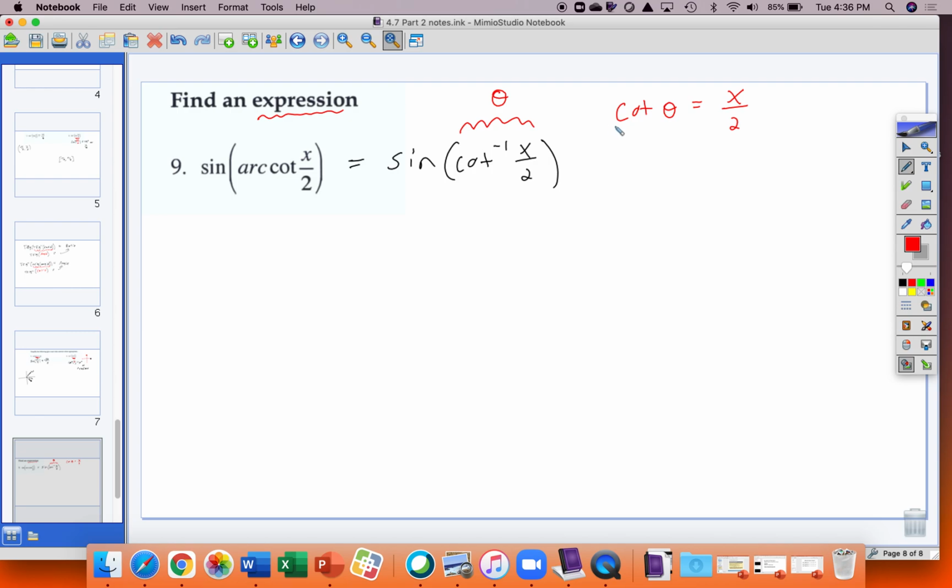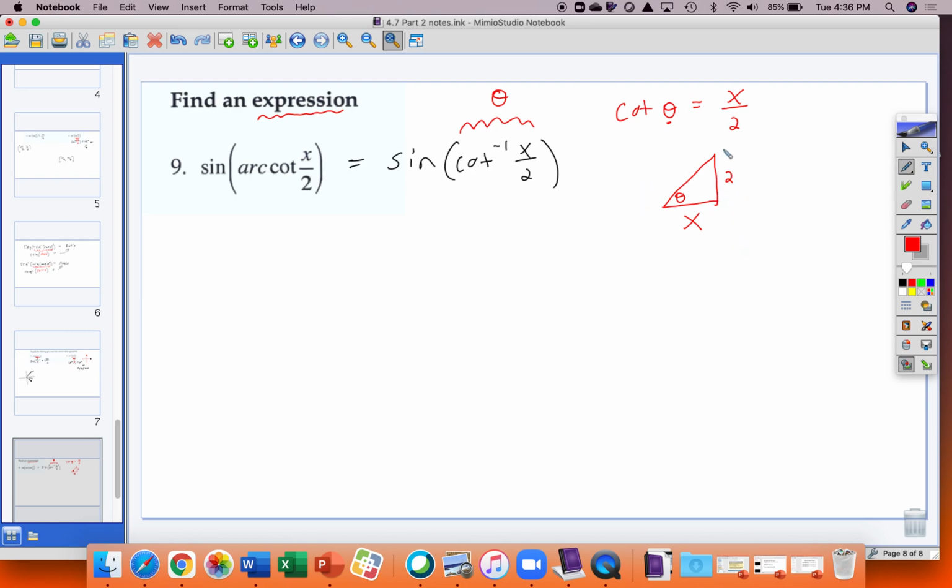If I was to draw a triangle to represent the inside of my trig function, my triangle would look like this. Here's a triangle. Here's angle theta, this angle right here. And cotangent is adjacent over opposite, so x and 2.